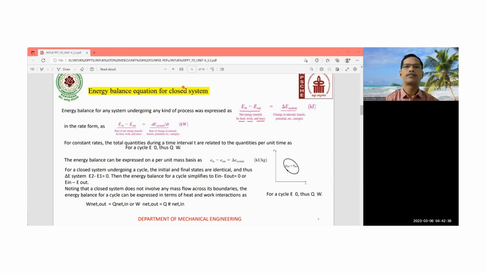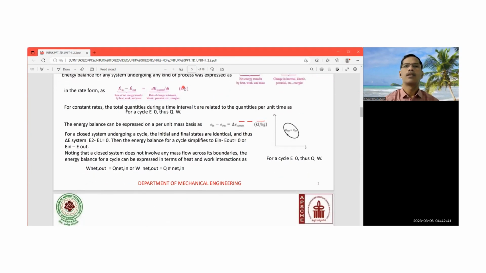Next one is for constant rates. For constant rates, the total quantities of energy during the time interval t are related to the quantities per unit time.